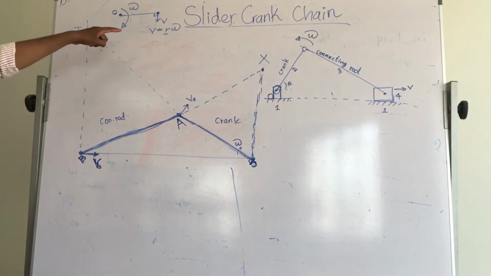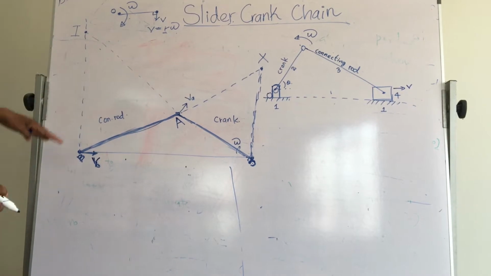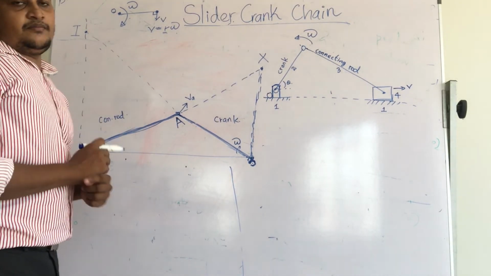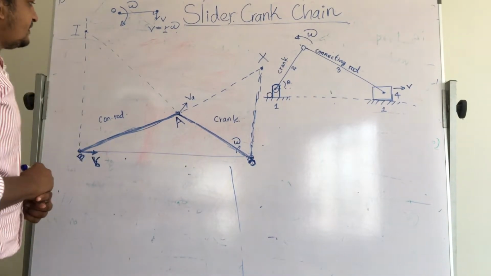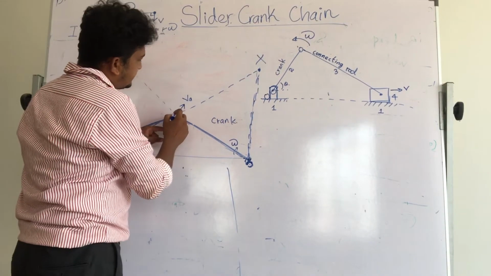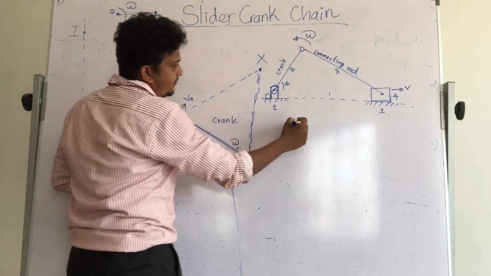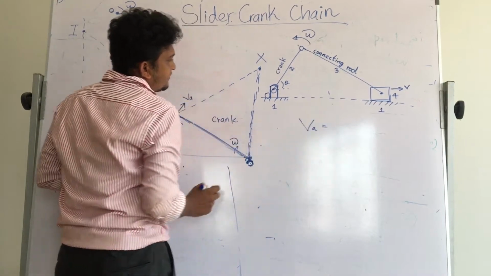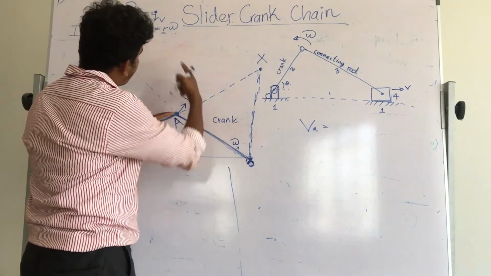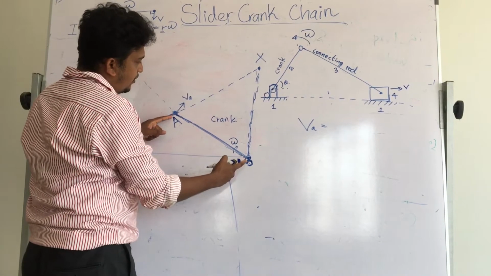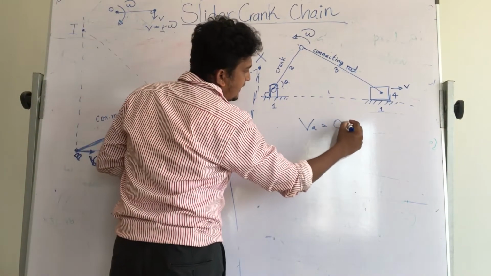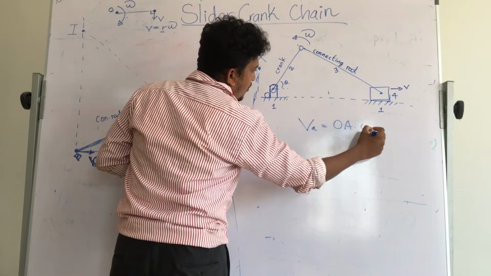So we are going to use this equation to find some equations. Let's take this point. VA equals R, where R is OA, the crank length, into omega.